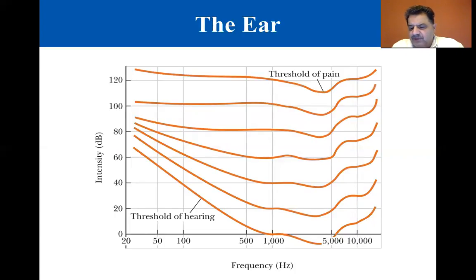The easiest frequencies to hear are around 3,300 hertz, and those above 12,000 hertz or below about 50 hertz must be relatively intense to be heard. Notice that the curves flatten out as the intensity levels of the sound increase. So when sounds are loud, all frequencies can be heard equally well.